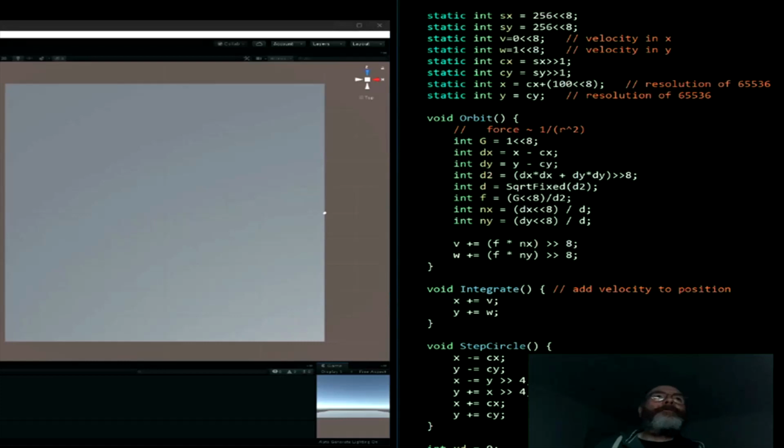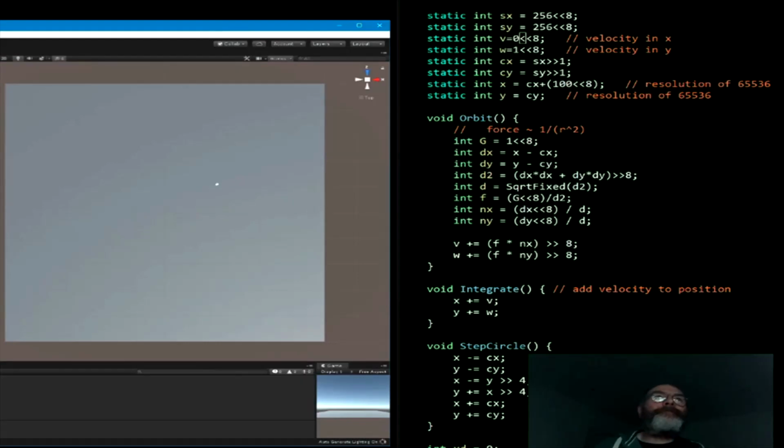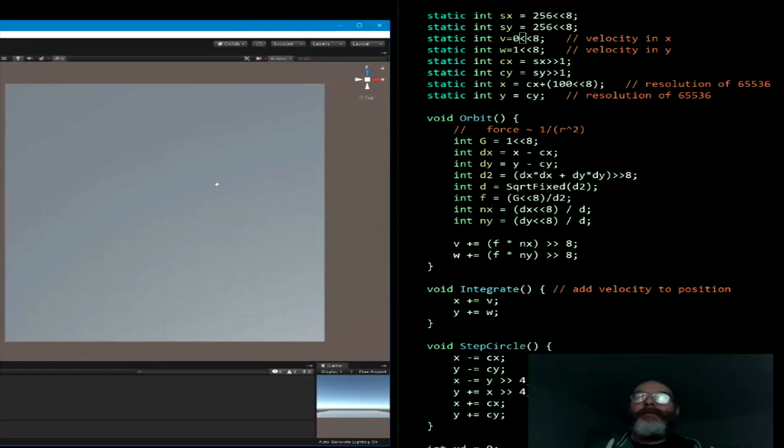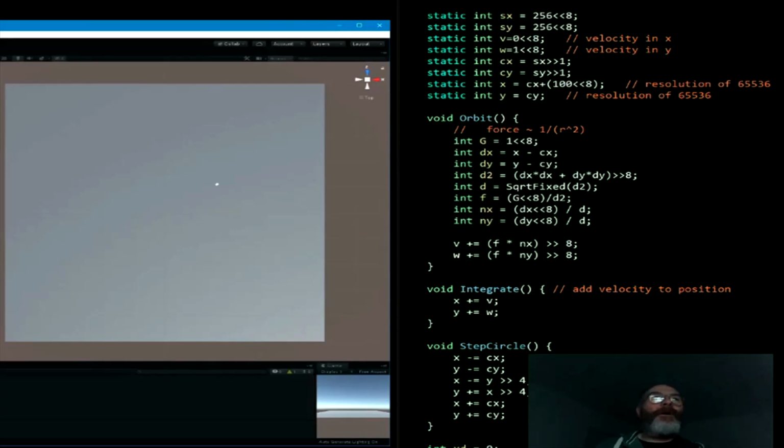And I want to change the initial velocity then. Let's put it moving in the Y. Okay, so that's moving there, but we're getting no gravity yet. I'm going to turn gravity on, right?